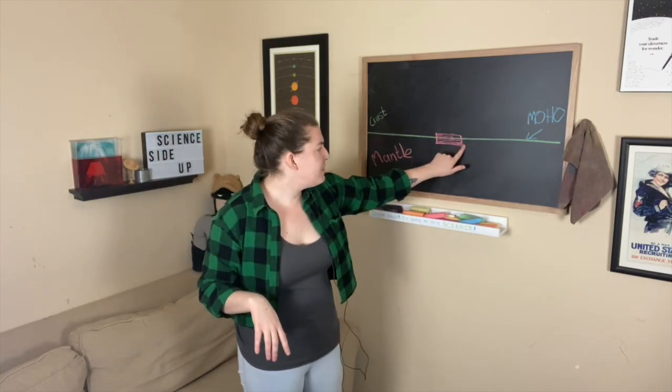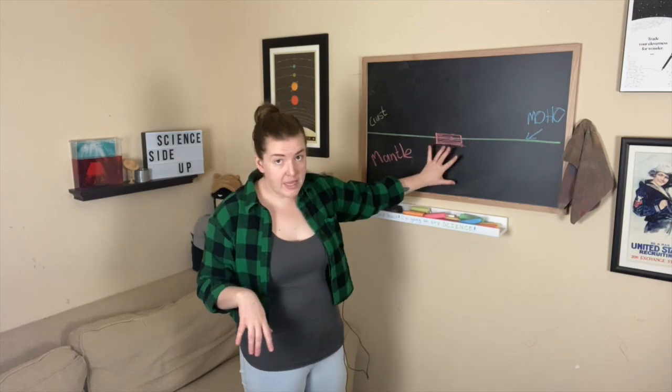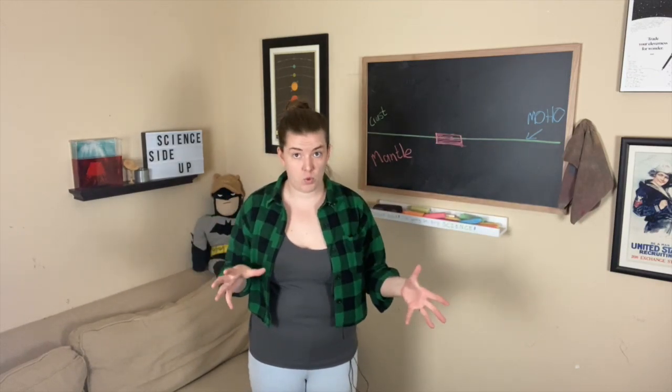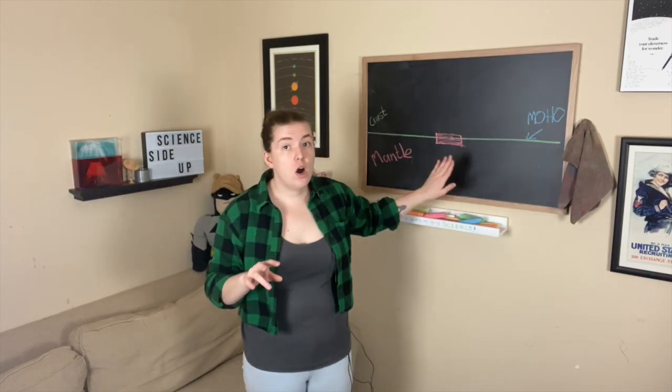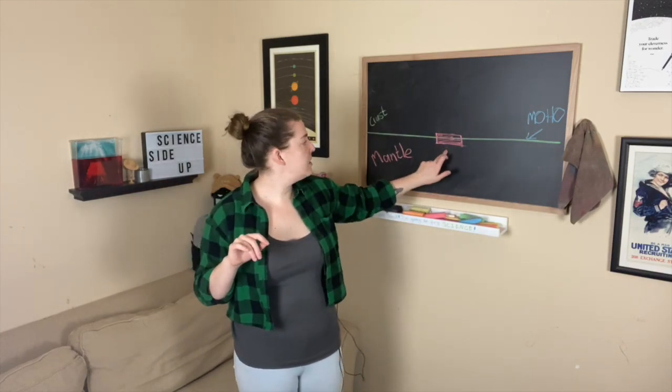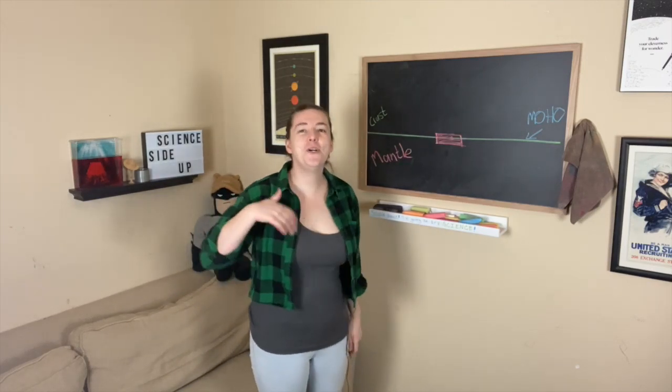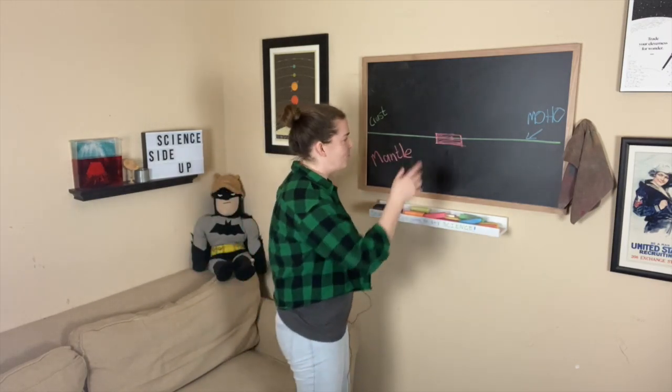So we have places that are warm in the mantle, and that warming causes melting of the rock, right? So over time, this is going to start to push through the crust, push through the moho and start to form crust.